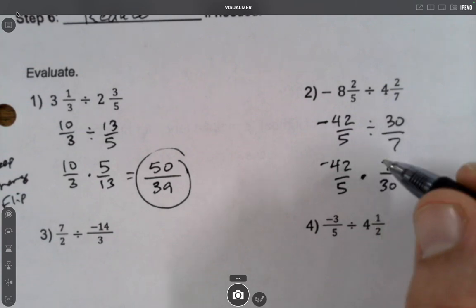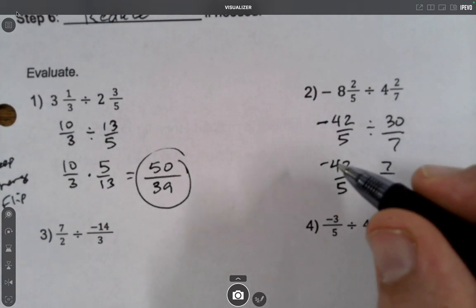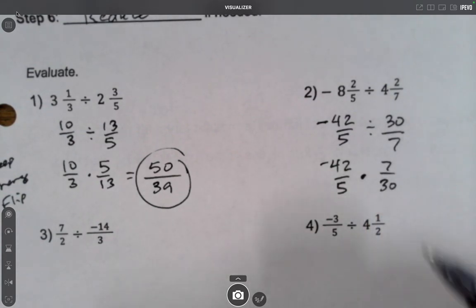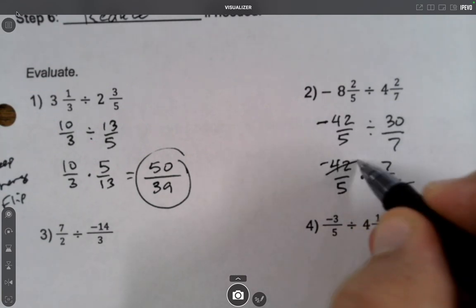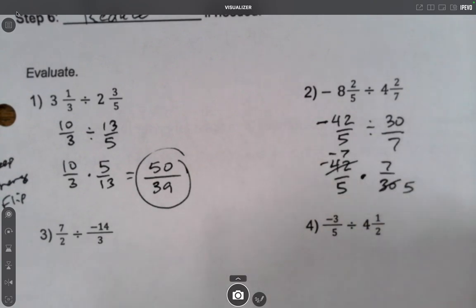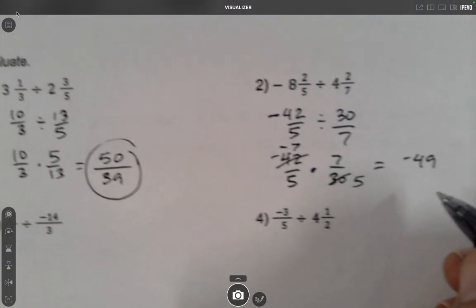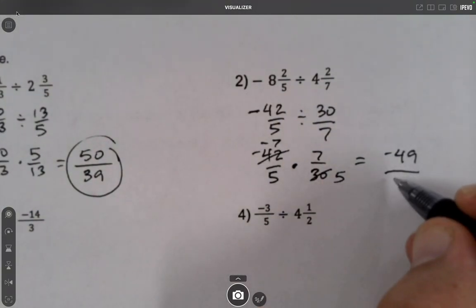Okay, we can't cancel anything out with 5 and 7, but 42 and 30 are both divisible by 6. So I divide 30 by 6 and get 5. Divide negative 42 by 6 and get negative 7. Negative 7 times 7 is negative 49. And 5 times 5 is 25.